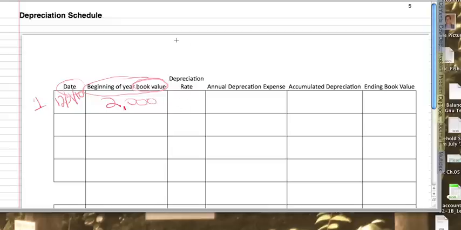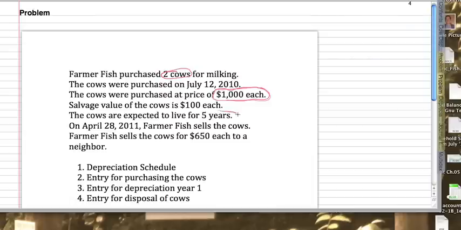The rate, let me walk you through this. The formula for the rate is 1 divided by the useful life, multiplied by 2. Recall that the straight line method just would have been 1 over the useful life, but since it's the declining balance method, we double it. So the only thing we need to find is this thing called the useful life, which is listed right here.